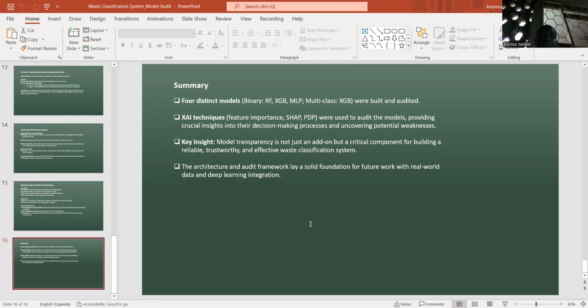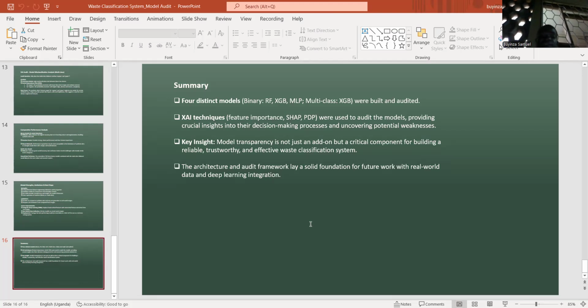Then in summary, the four distinct models, that is the binary random forest, the MLP, XGBoost, and the multi-class XGBoost, were built and audited. The XAI techniques were used to audit the models, providing crucial insights into their decision-making process and uncovering potential weaknesses.